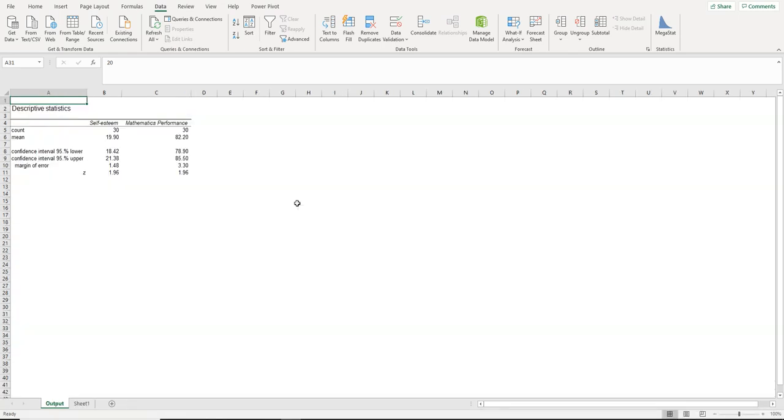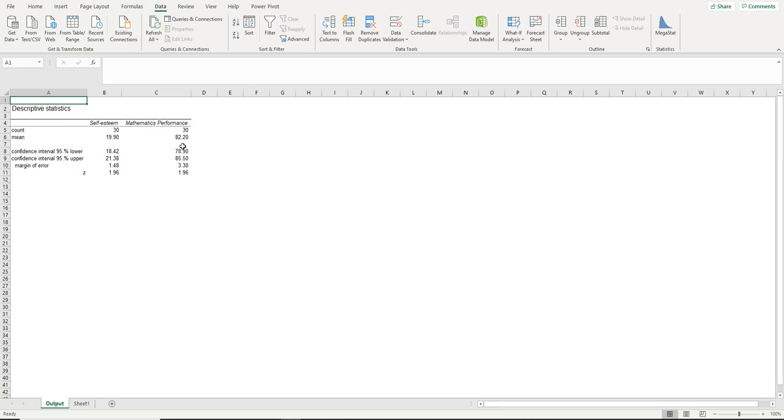Okay. After a little while, you have here, automatically, another tab in the same sheet. So here we have the output tab. We have the descriptive statistics. There are 30 students, as I said. The self-esteem has a mean of 19.9, while for the mathematics performance, we have 82.2.